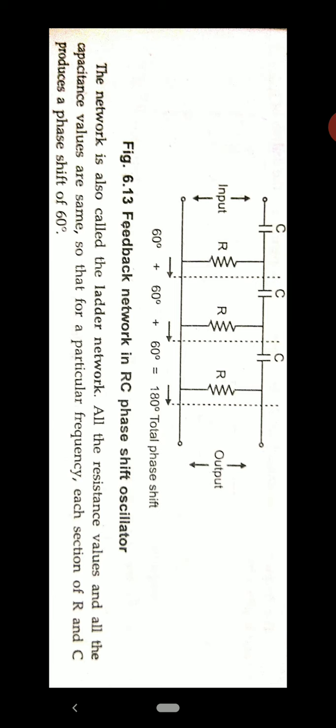Each section gives 60 degrees phase shift, and each section has the same R and C values, so that you get 60 degrees each, not some section higher or some lower. You need all three identical RC sections so that you can generate a total phase shift of 180 degrees.